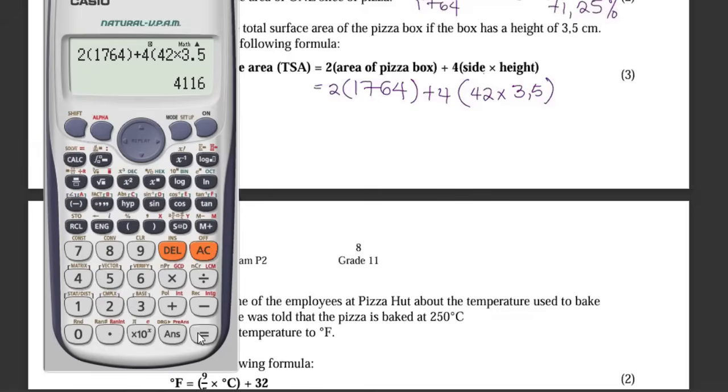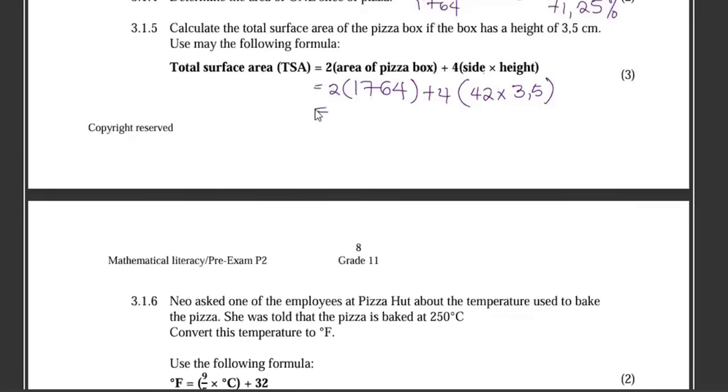So the answer becomes 4,116. Don't forget the units. Centimeters what? Squared. Centimeters squared.